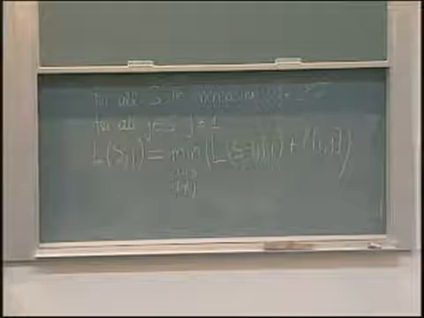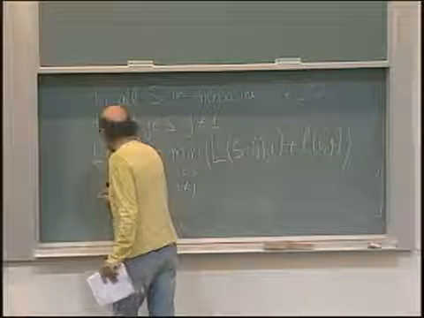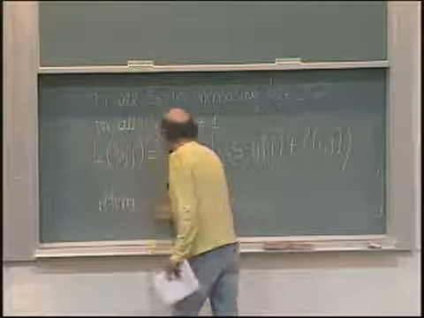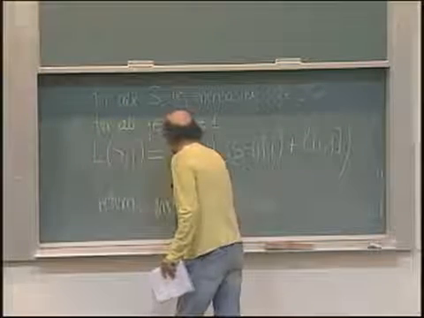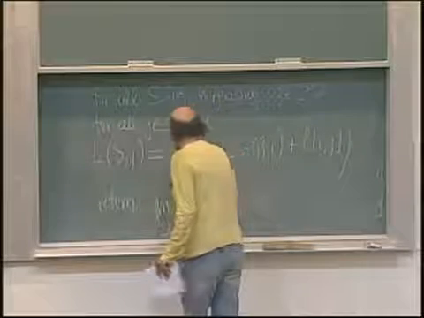And in the end, I have to return the minimum over all j of the length.